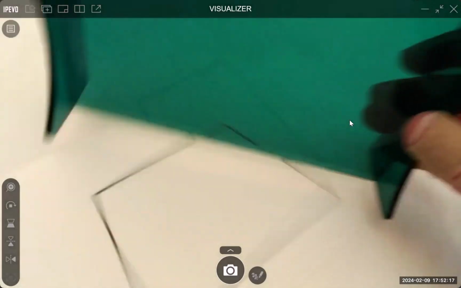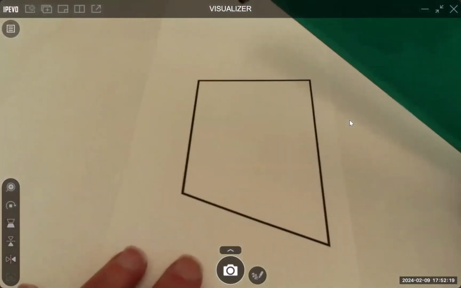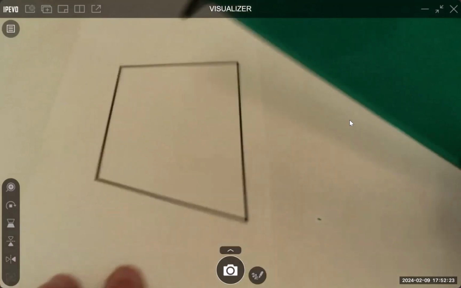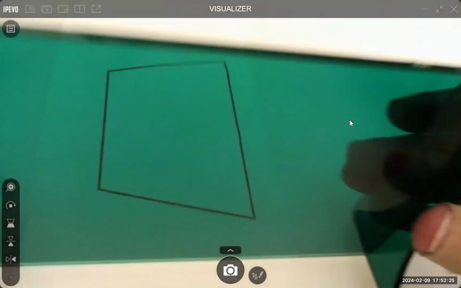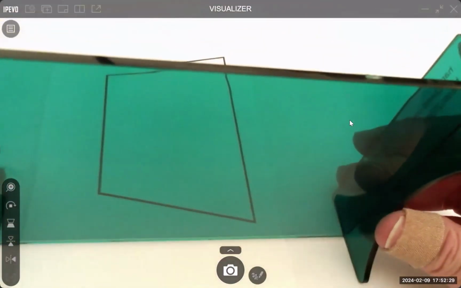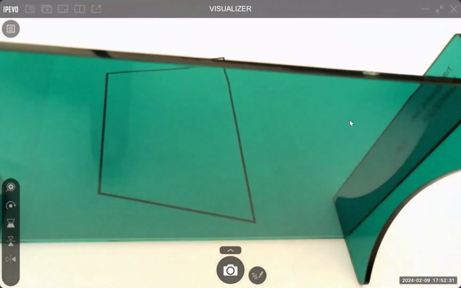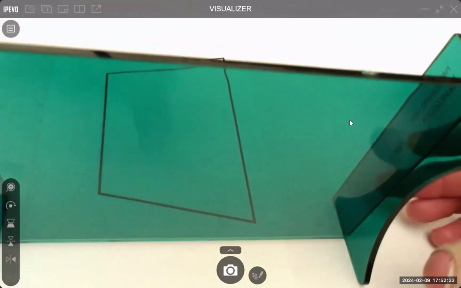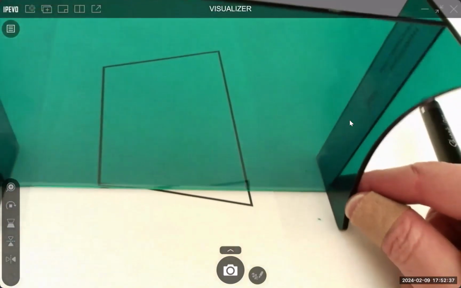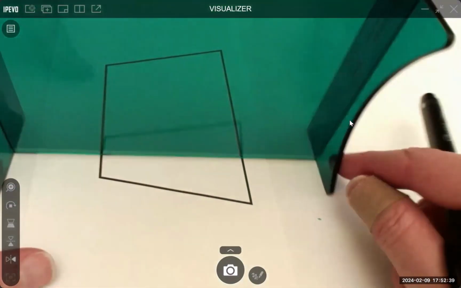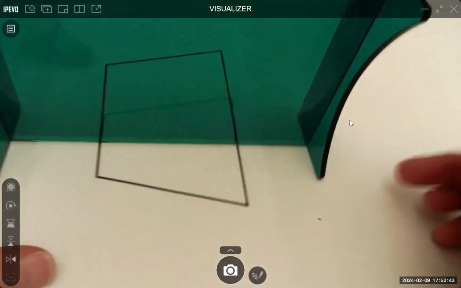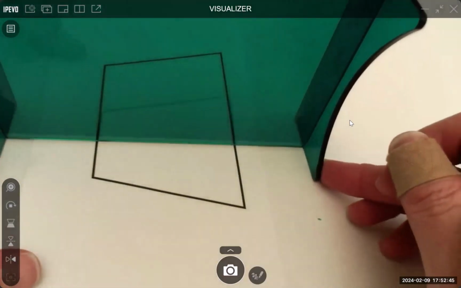Now, if I rotate my trapezoid here, I'll go this way so it looks like a trapezoid. It's a little distorted the way the camera is angled. I'm going to start again here with my beveled edge down, and I am going to slide my Geo-Mirror across my trapezoid, and I can begin to see the reflected image through my mirror.